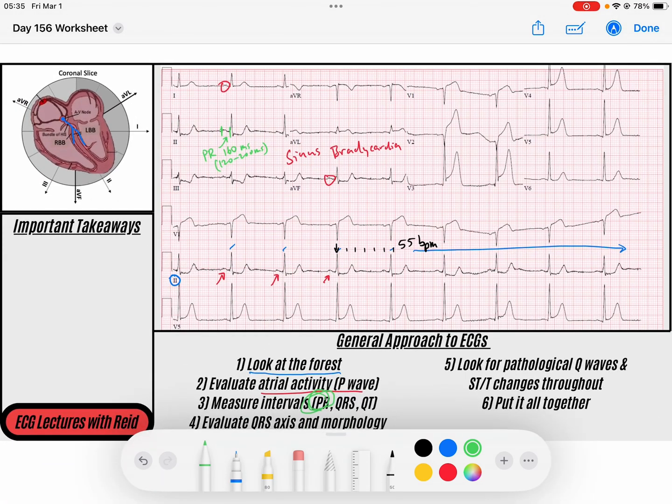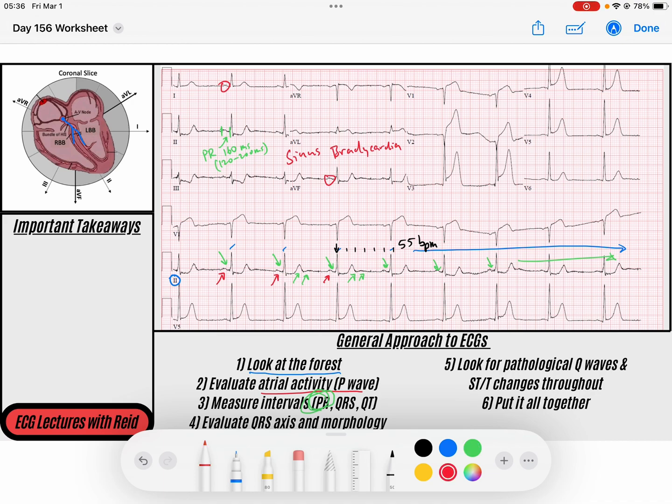Now I just need to make sure that every P wave has a QRS and that the PR intervals stay the same. I scan through here, and that seems to be the case. I also make sure there are no extra P waves hiding around, and there's not. So, good AV node function.